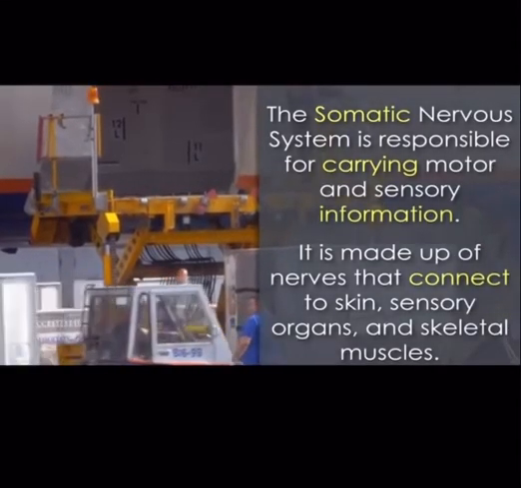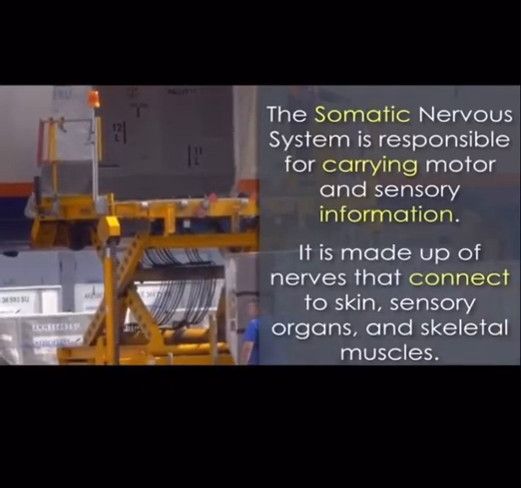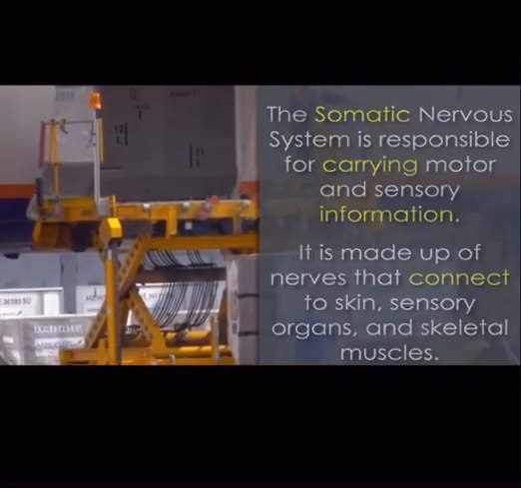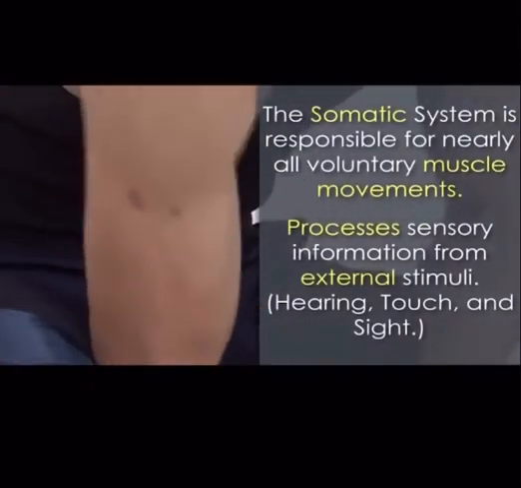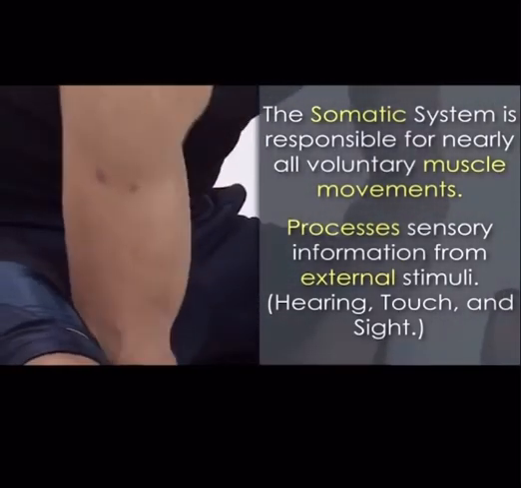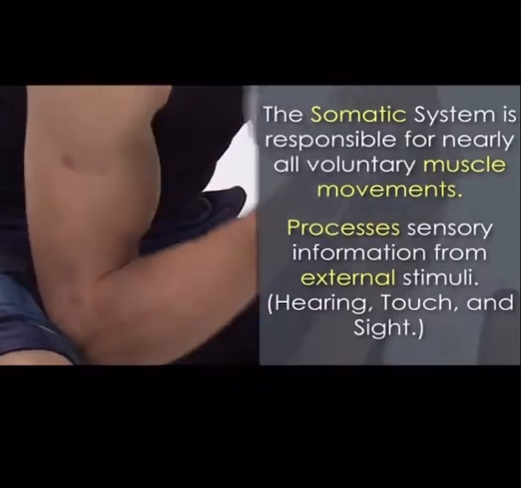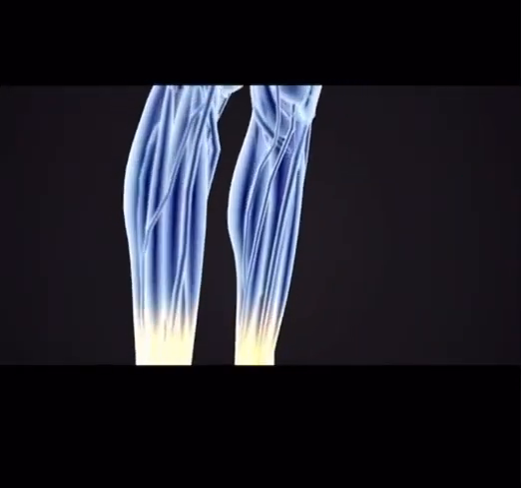This system is made up of nerves that connect the skin, sensory organs, and all skeletal muscle. The somatic system is also responsible for nearly all voluntary muscle movement, and for processing sensory information that arrives from external stimuli, including hearing, touch, and sight.